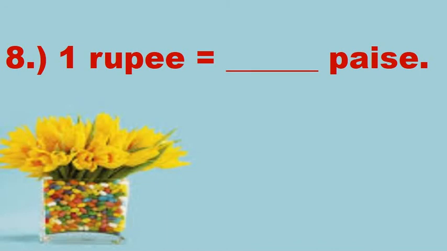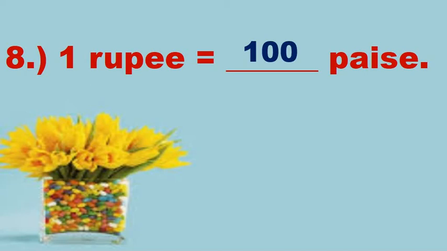Number 8. 1 rupee is equal to dash paisa. So, what will be the answer? 1 rupee is equal to 100 paisa. Now I am going to repeat this twice, and you all have to repeat after me.